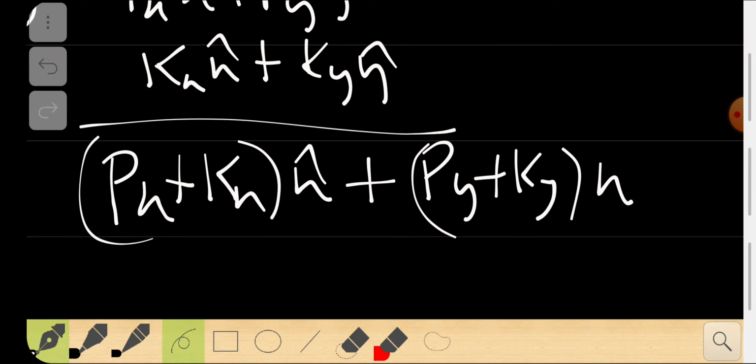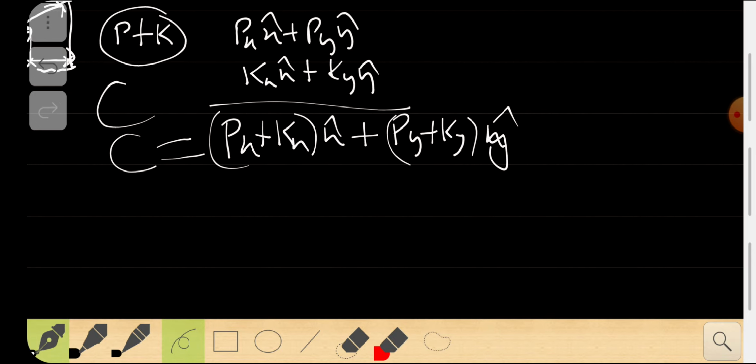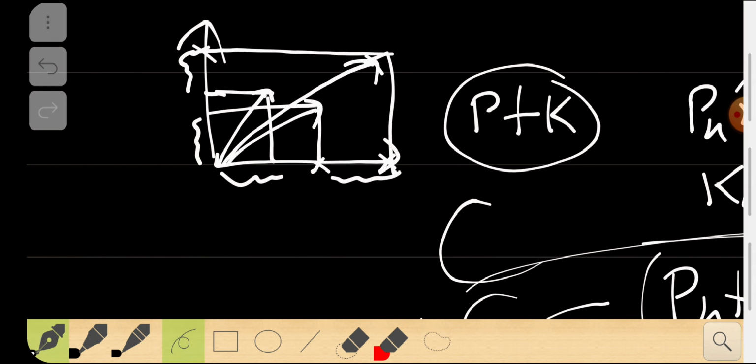So you can just write it like that, and you get your new vector, which is p plus k. You can call it c. So c is equal to this vector represented here. Okay, so that's how you add two vectors.